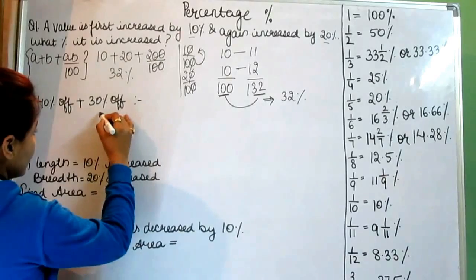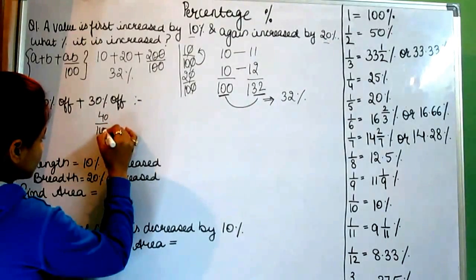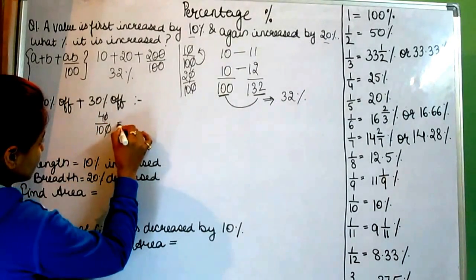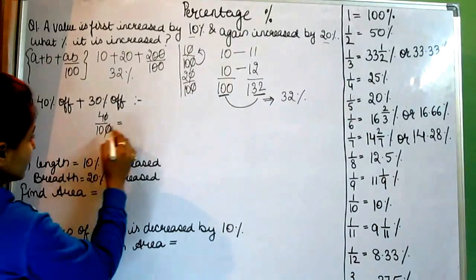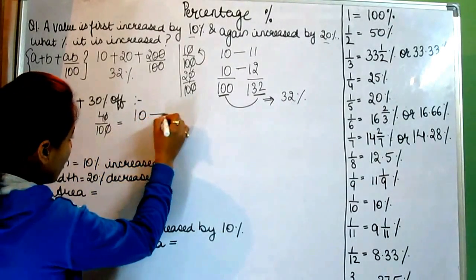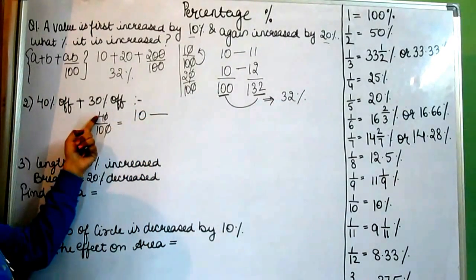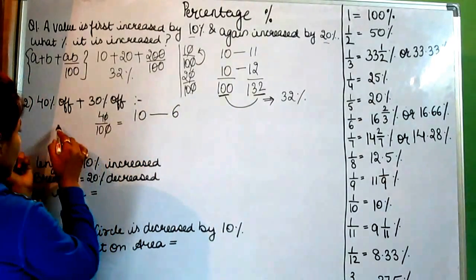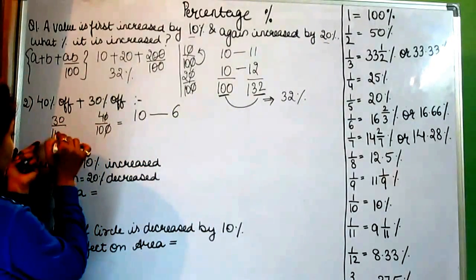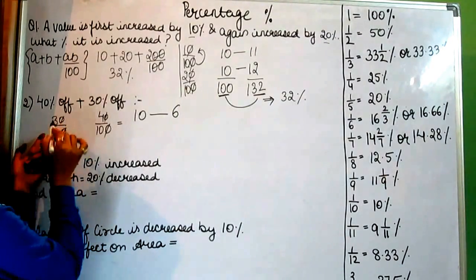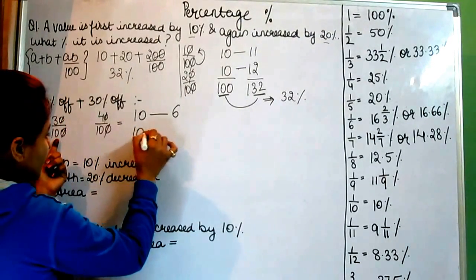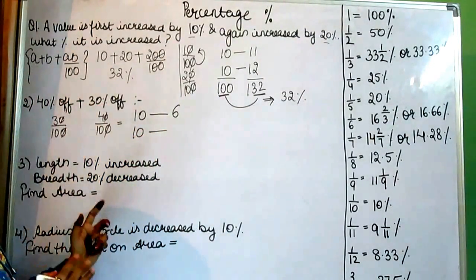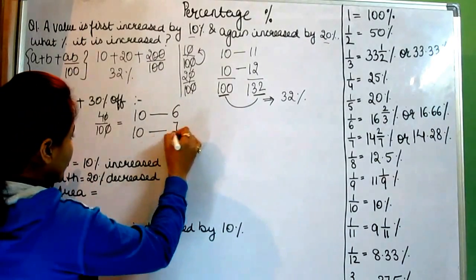So 40% means, zero cancels, and off means we have to subtract this number from 10. We get 6. Now 30% off means we have to subtract 3 from 10, because it is decreased now. It is off, it is a discount.